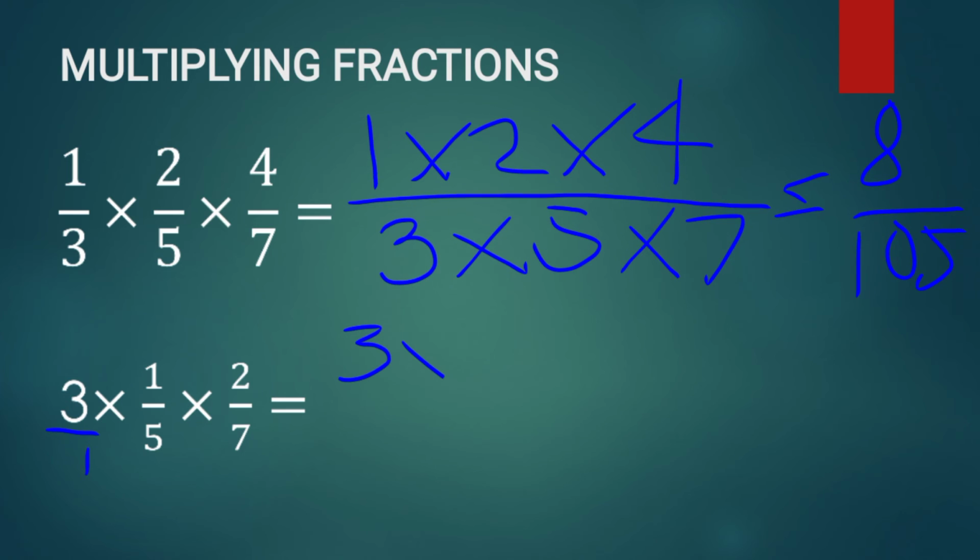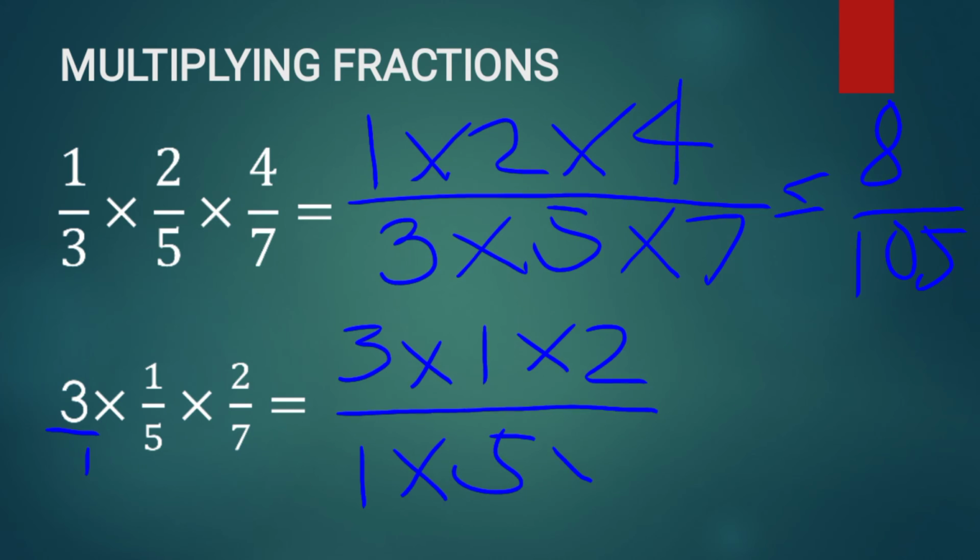So 3 times 1 times 2 all over 1 times 5 times 7 equals 3 times 1 is 3 times 2 is 6 over 1 times 5 is 5 times 7 is 35. So the product of 3 times 1/5 times 2 over 7 is 6 over 35.